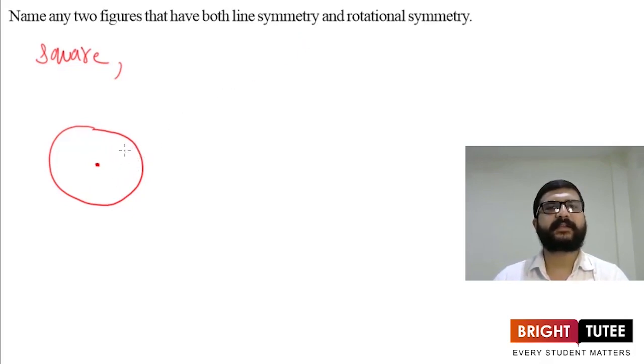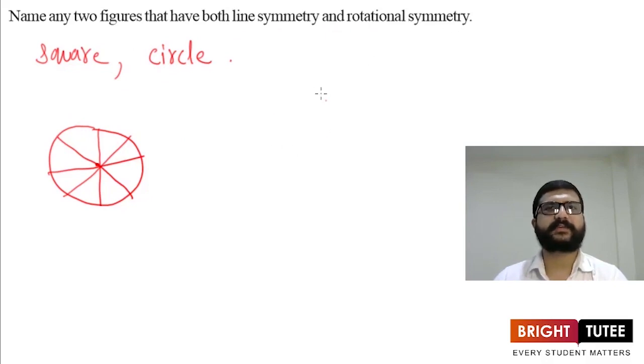And how many lines of symmetry can we have? We can have infinitely many lines of symmetry. As we know, a diameter is a line of symmetry for any circle, and we can have infinitely many diameters. So here we have given 2 figures which have both line symmetry as well as rotational symmetry.